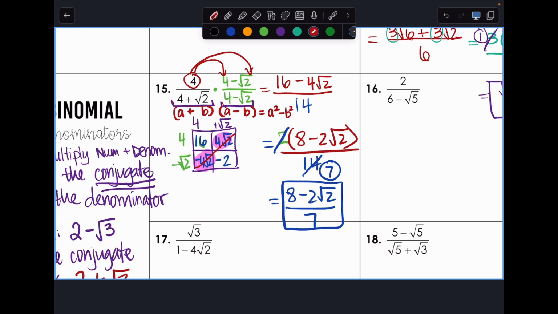What's the square of square root of 2? 2, yes? What's 16 minus 2? Do you see where we got the 16 minus 2 here? If you can figure that out and get straight into A squared minus B squared, do it. You could do the box anytime. It may be the long way, but you'll get there.